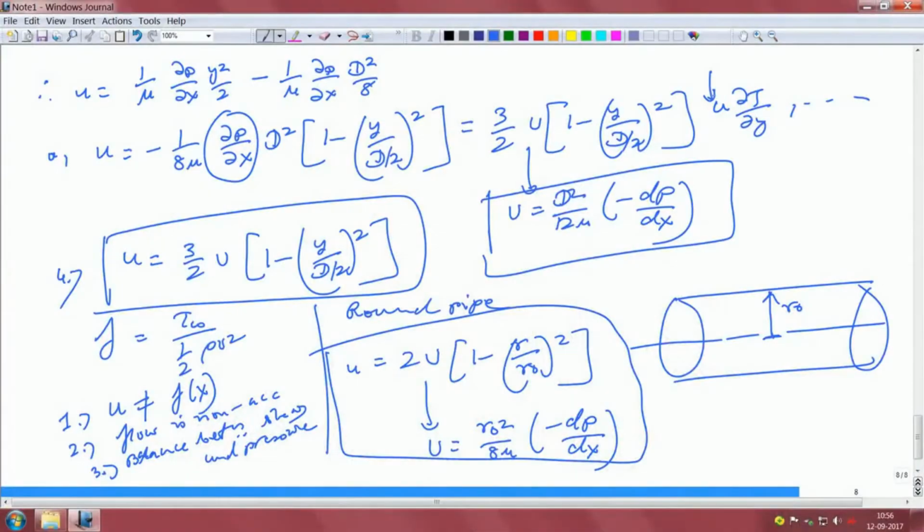So, you can see over here that once the flow becomes hydrodynamically fully developed, it has got an exact solution. That means in the energy equation, where you have basically u dT/dy and terms like that, it can be easily applied. This u can now be taken and easily applied over there, right.